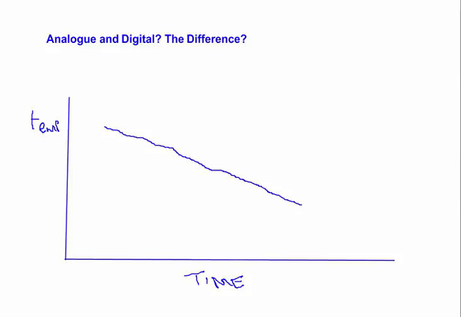Again, if we capture a signal at this point in time, we say, at that point in time, what is the value of the signal here? Then we can express that as a pattern of ones and zeros, which takes the form of a digital value.